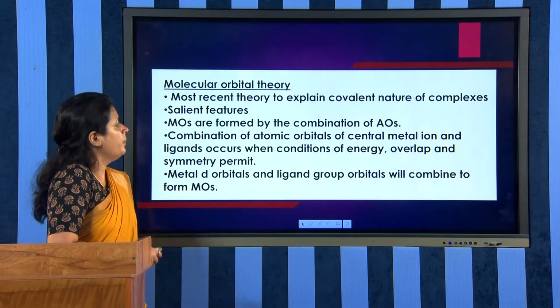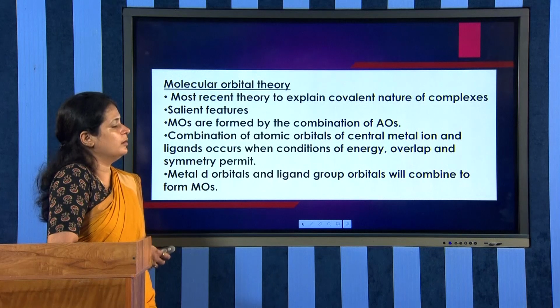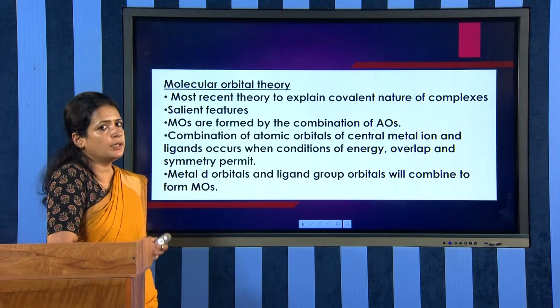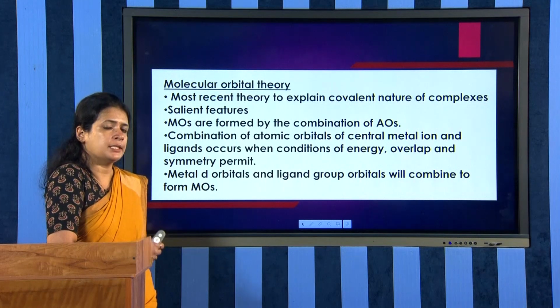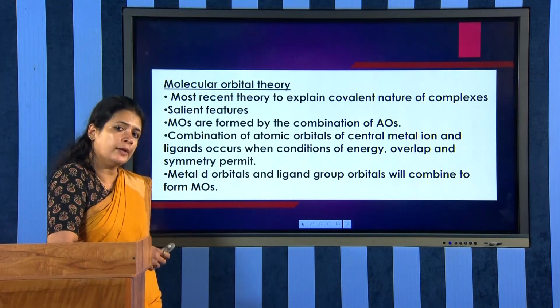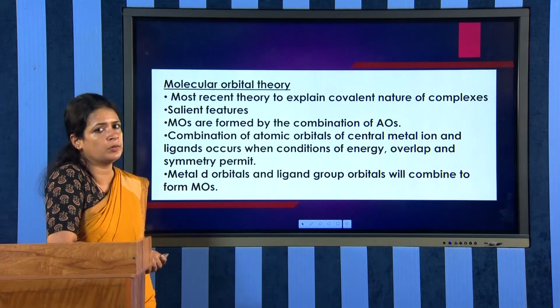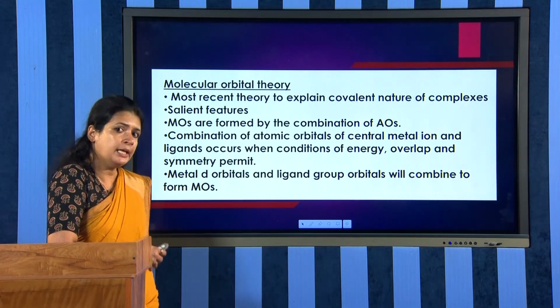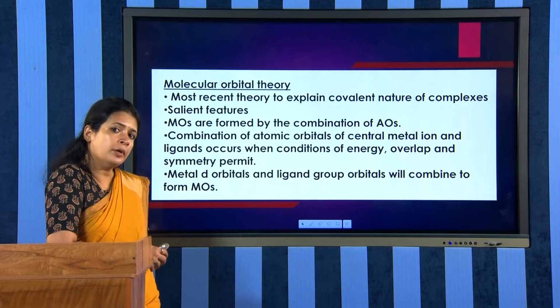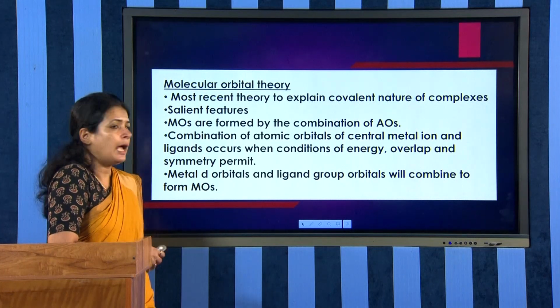Which are the components involved here? We are discussing coordination compounds, so we have the central metal atom and ligands. So, we have to consider the atomic orbitals of the central metal atom and ligands.